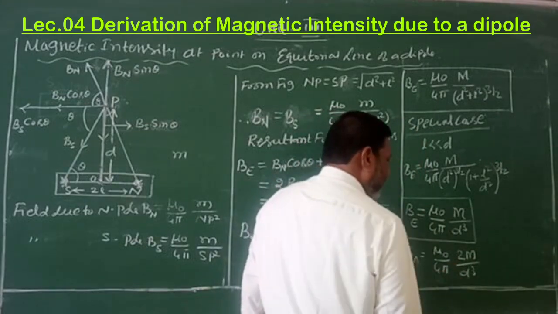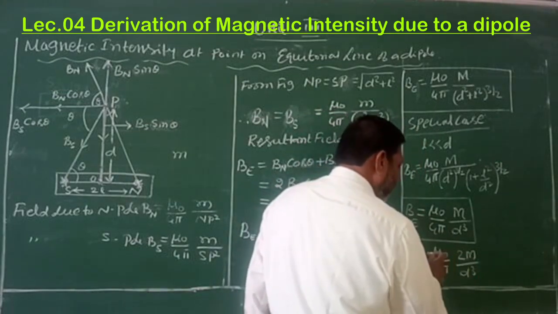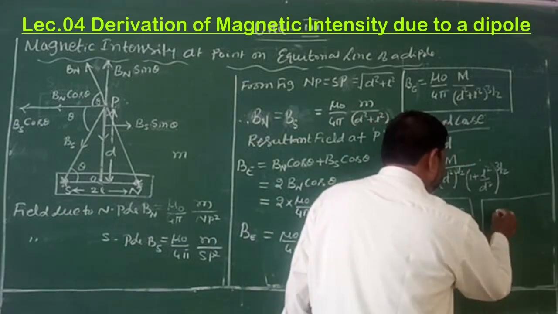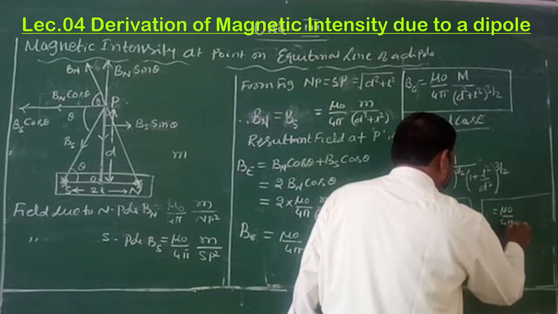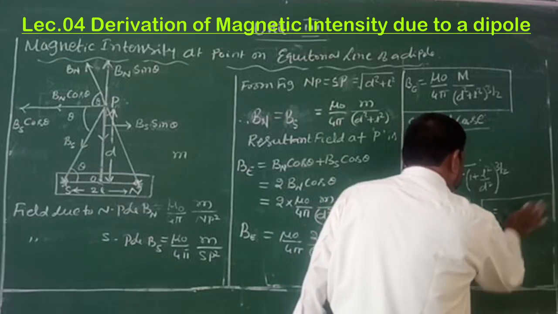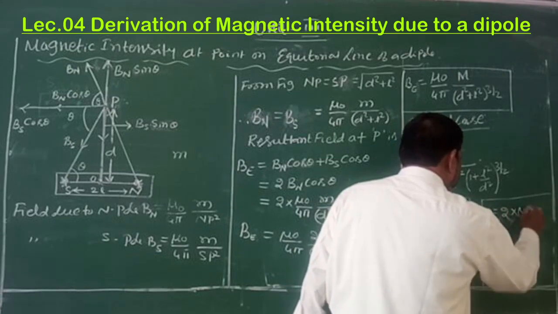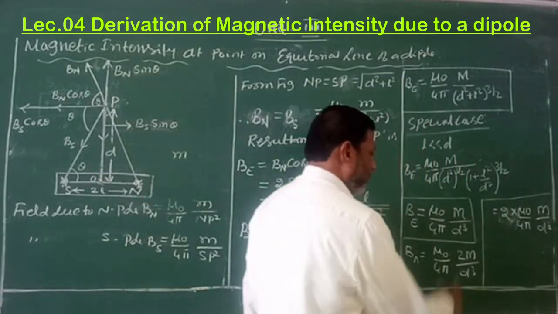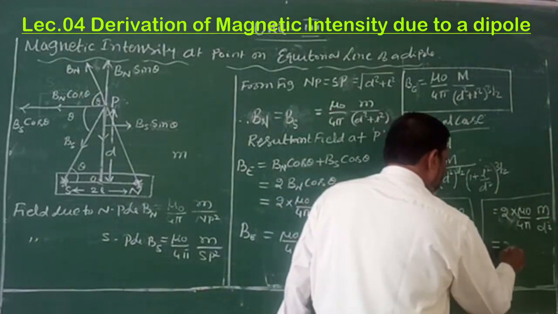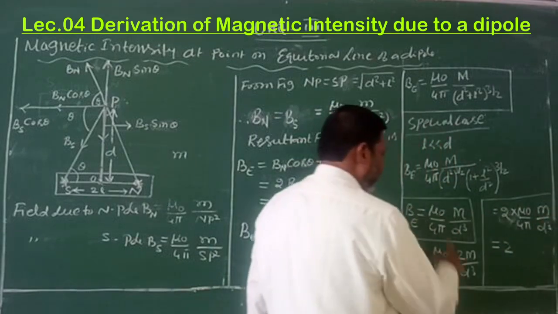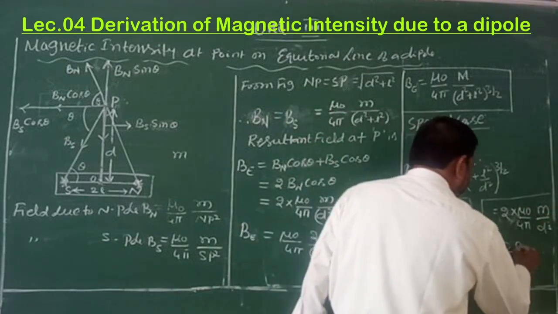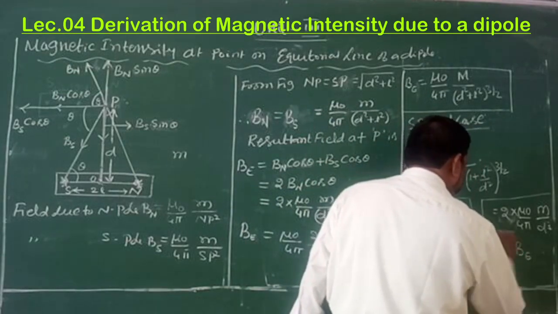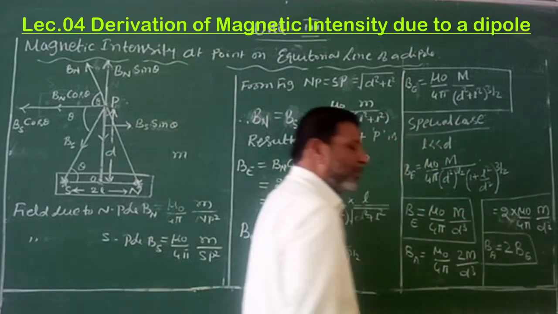Now you can write this as 2 times mu naught divided by 4 pi into M divided by D cube. Now this is equal to 2 times mu naught by 4 pi into M by D cube, which is BE, the field along the equatorial line. Now this shows that the field along the axial line is twice the field along the equatorial line.